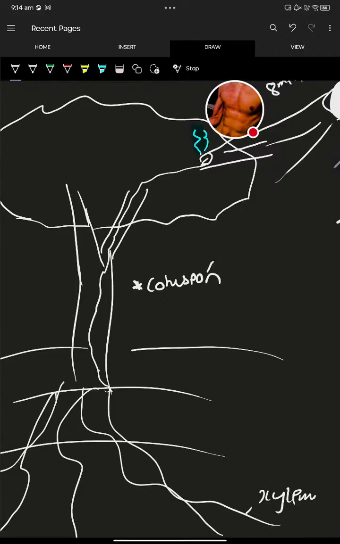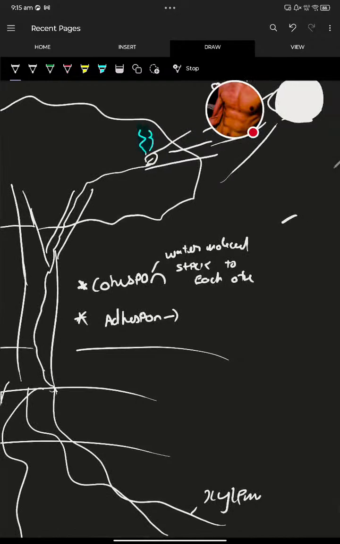Water molecules stick to each other: cohesion.